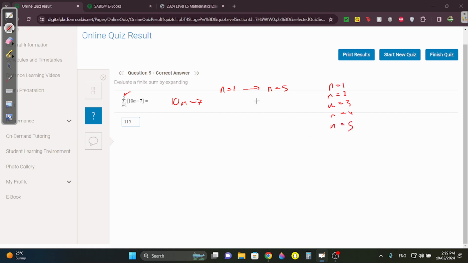So n equals 1 will be 10 times 1 minus 7. n equals 2 is going to be 10 times 2 minus 7. 10 times 3 minus 7. 10 times 4 minus 7. And 10 times 5 minus 7. Obviously, since it's sigma, you add them all up. Sigma means sum. I think everybody in grade 10 should be able to solve this. You're going to get 115. Okay, that's it.